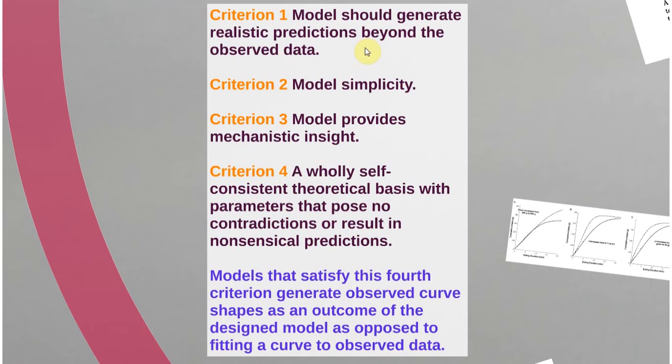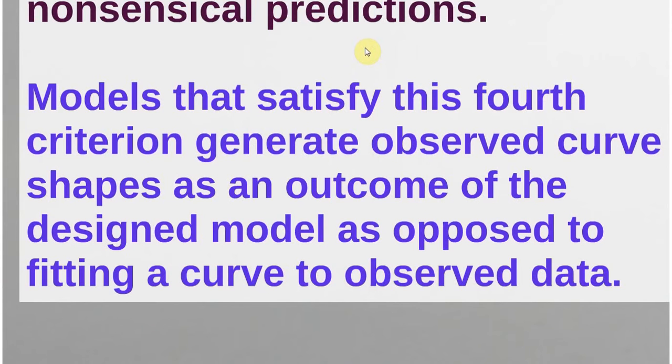The final criterion is really difficult, and that's that the model should be based on complete theory and that there should be no nonsensical predictions or no parameters that give you nonsensical predictions. Everything should make sense. Models that satisfy this 4th criterion mean they give you the curve as an outcome.